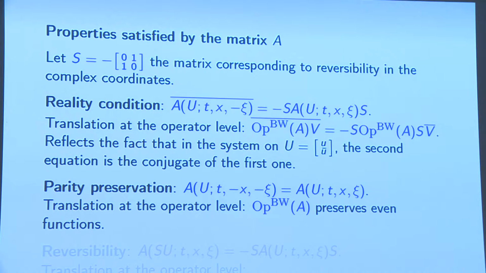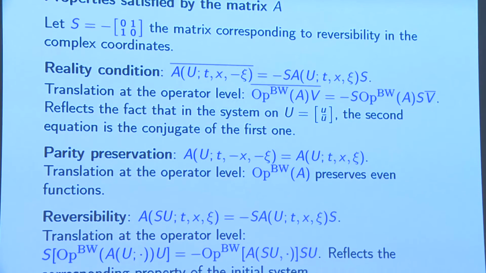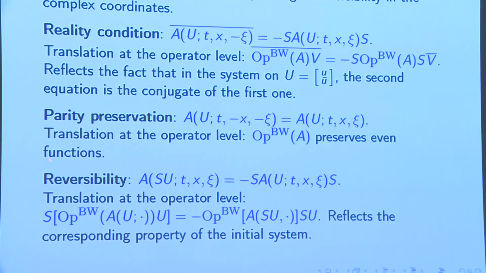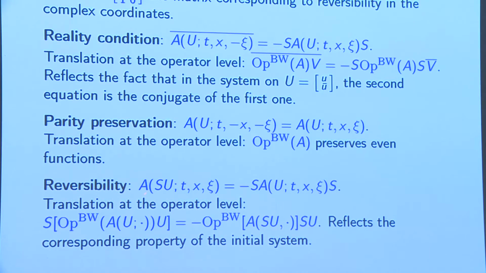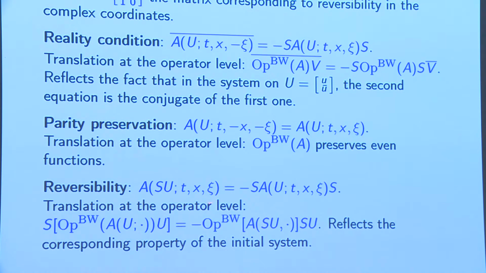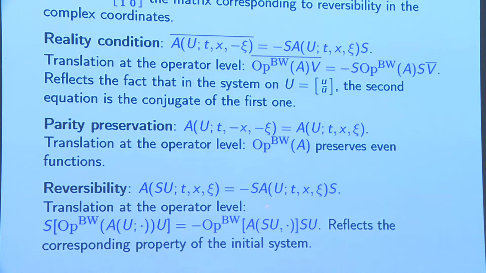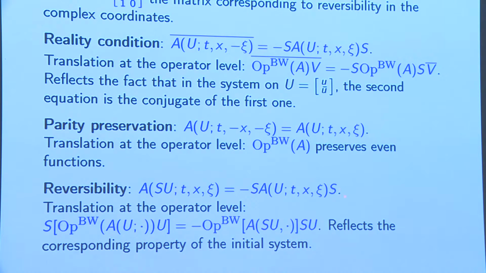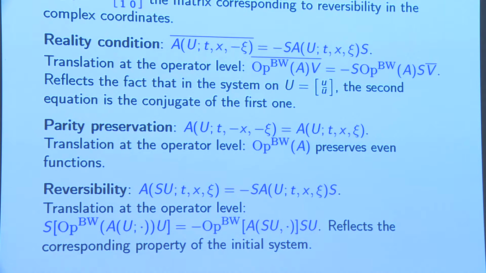And finally, the third property is the so-called reversibility, which says that if you compute the matrix A at SU, t, x, xi, it is equal to minus S A of u, t, x, xi S. So the meaning of this property is as follows.